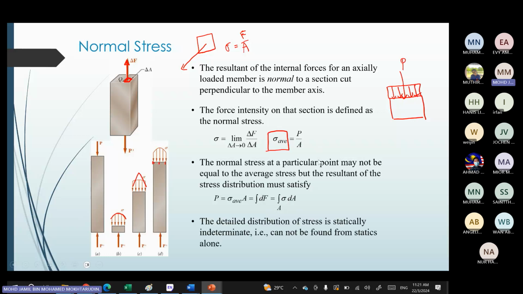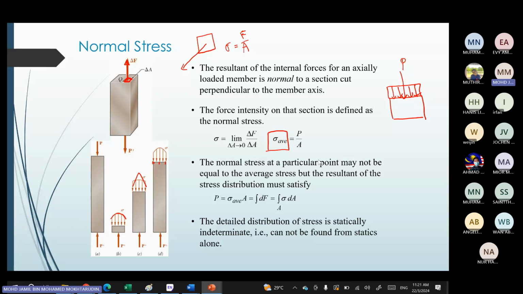The detailed distribution of the stress is indeterminate, difficult to find. Usually people will use software, like maybe you have learned in CAD modeling, finite element analysis.